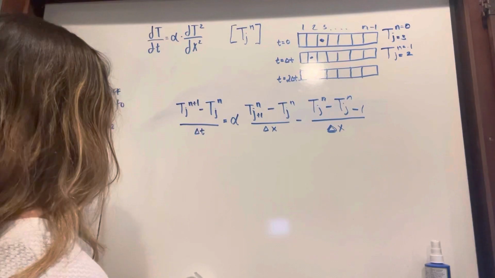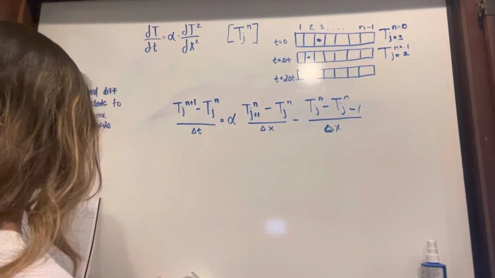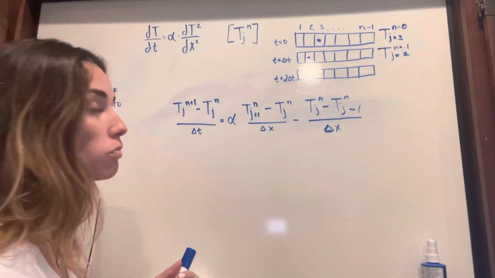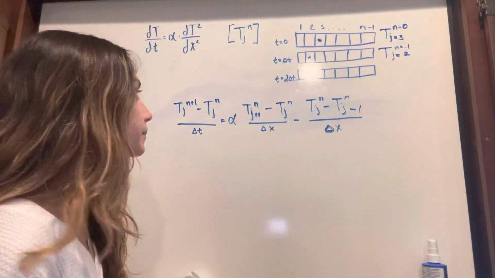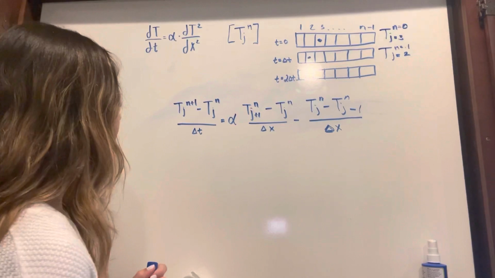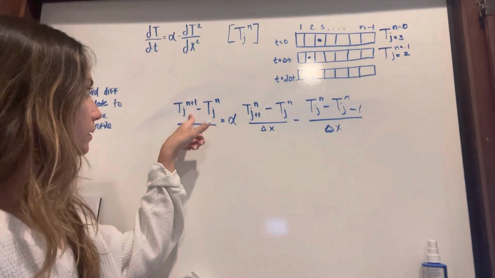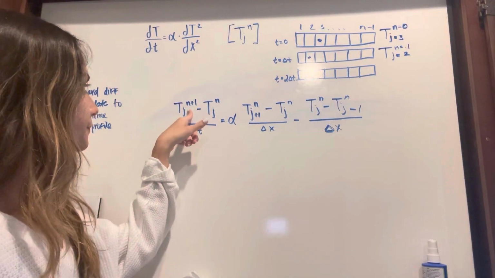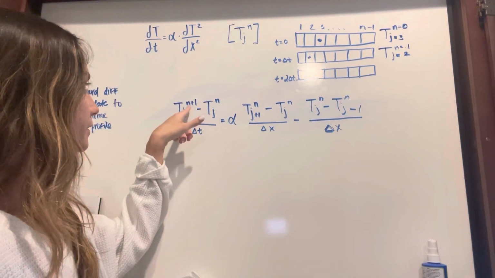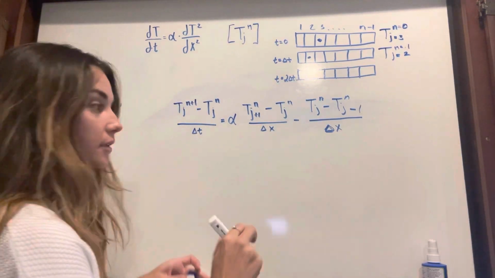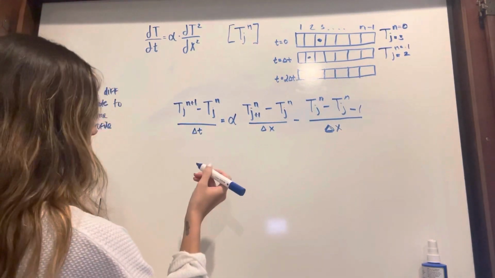Okay, and so what we want to do now is simplify our expression. All right, so our next step is just simplifying our expression. So we're going to get our temperature, position, and time increment of 1 by itself. So that's pretty self-explanatory.